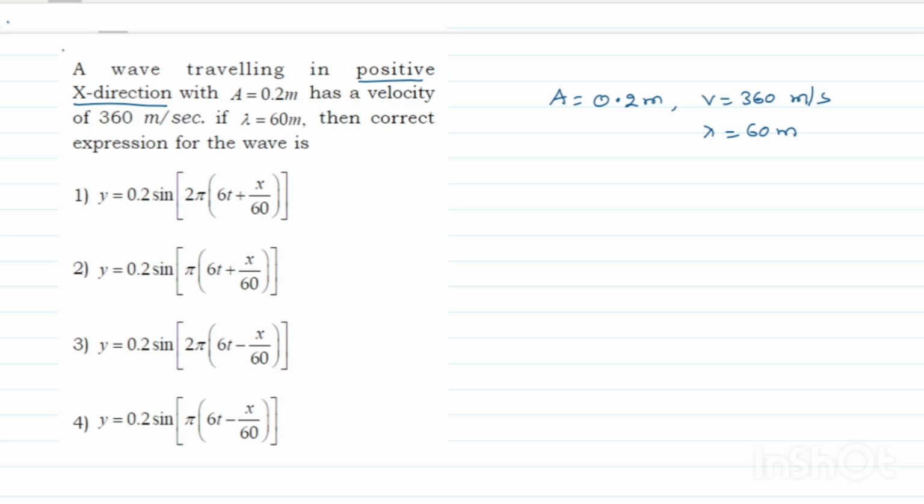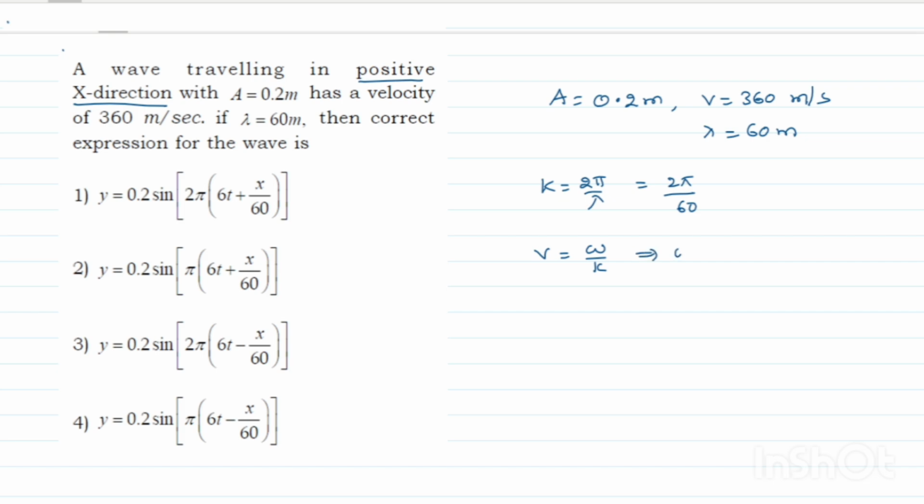First let us calculate the k value and omega value. So k will be 2 pi by lambda, which is 2 pi by 60. The second thing is velocity; you know the formula v equals omega by k.